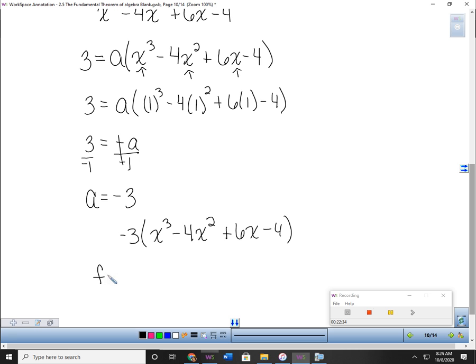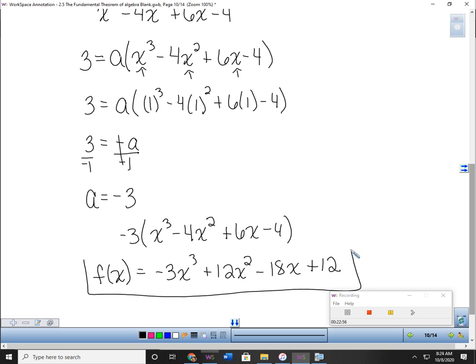So that gives me f of x is equal to negative 3x to the third plus 12x to the fourth, or second, sorry, minus 18x plus 12. So I've made the equation, I've adjusted it so that when I plug in a 1, I get a 3.